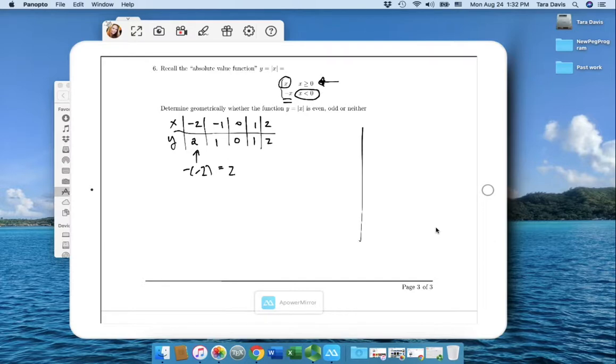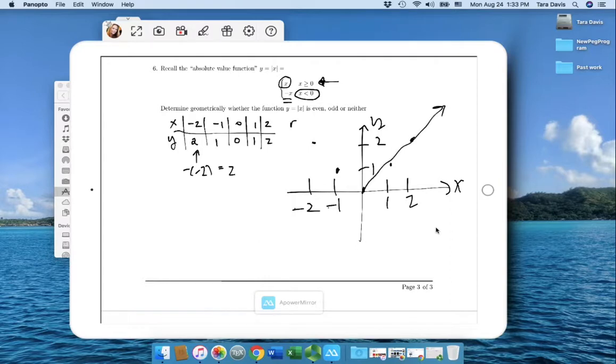So I go to plot the graph of this function. Okay, so I have -2, 2, -1, 1, 0, 0, 1, 1, and 2, 2. And the graph is approximately something like this. This is what y equals absolute value x looks like. I'm sorry, it's not going through the points. It should be.